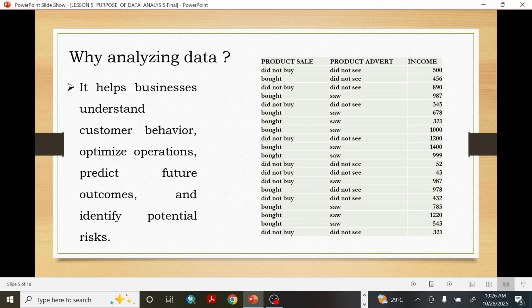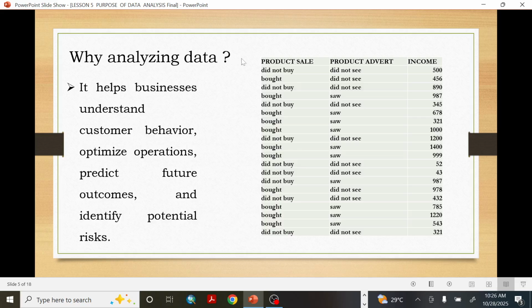The second thing here is that analyzed data can help businesses to understand the behavior of their customers. Therefore, they'll be able to optimize operations. They can predict future outcomes. The table here contains hypothetical data. It's just a simple questionnaire.